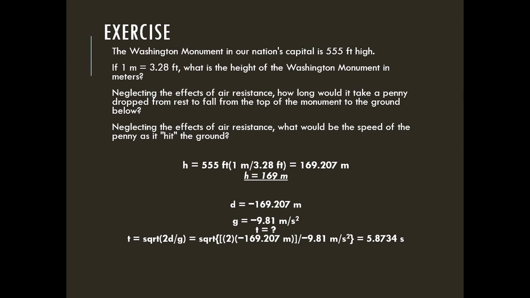So we have the formula right here for time, and the formula for time is the square root of 2 times the distance divided by gravity. We substitute the values and we find out that the result is 5.8734 seconds. So our time will be 5.87 seconds.